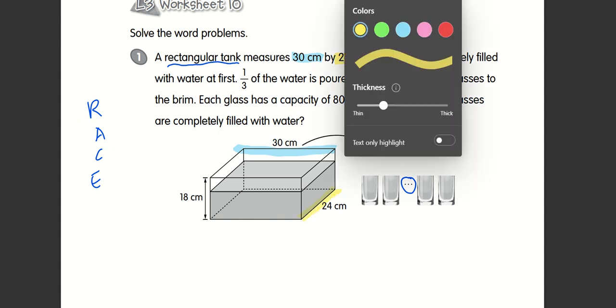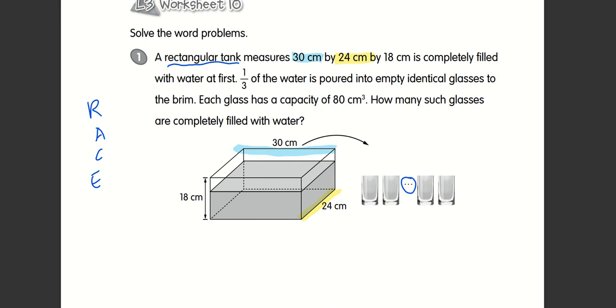And you have the height, 18 centimeters. That's how it says there, 30 by 24 by 18. So that's the height as indicated here. Okay, that's 18 centimeters.